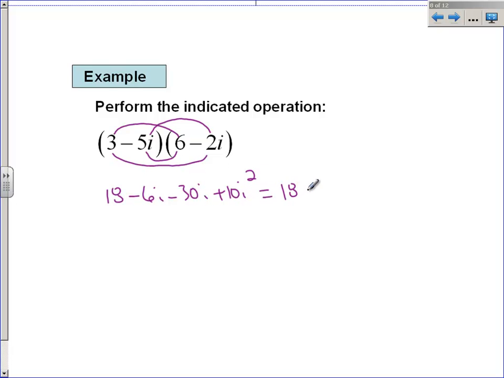So this is 18 minus 36i. Of course, negative 6i and negative 30i is negative 36i. And then this i squared becomes negative 1, so that positive 10 becomes a negative 10. And then I can combine the 18 and the negative 10 to call it 8 minus 36i. And there's my standard form answer.